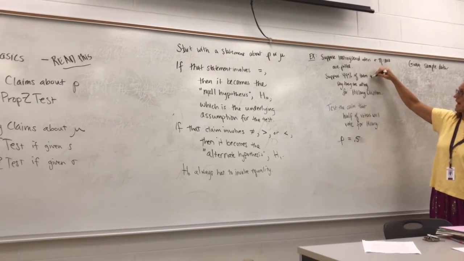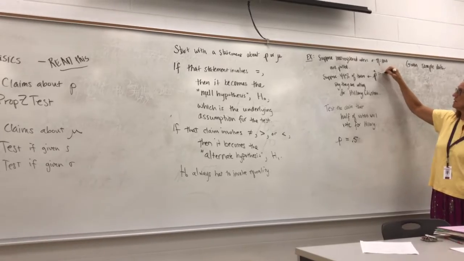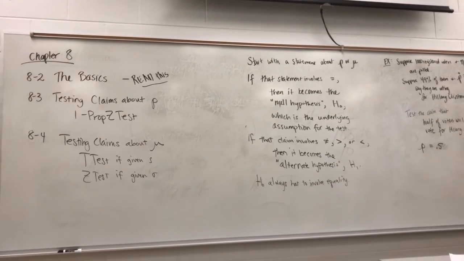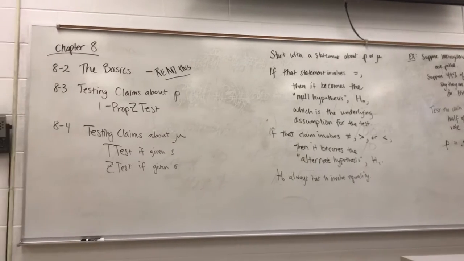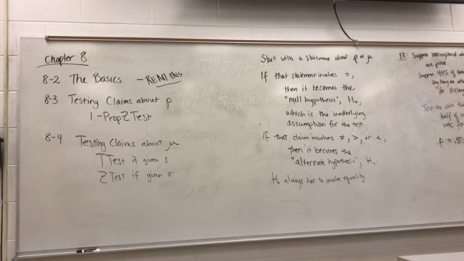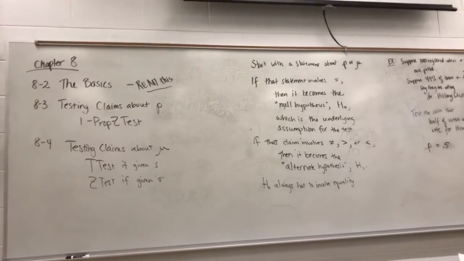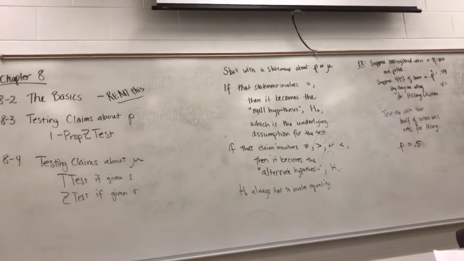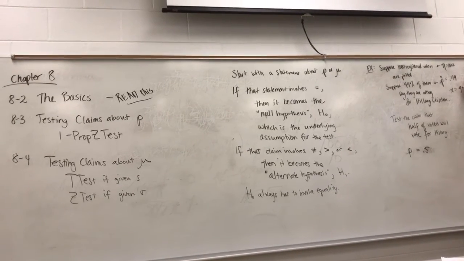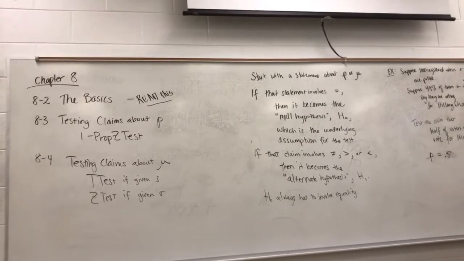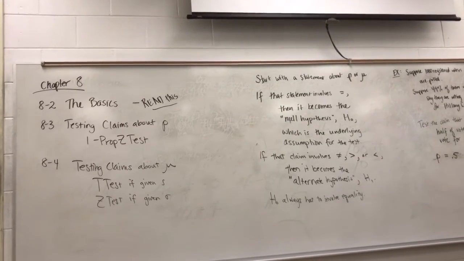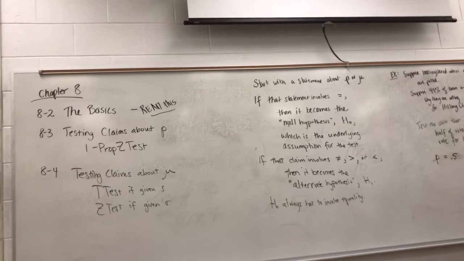We have p hat equal to 0.49. And so what would x be in this case? How many is 49% of 1,000? That's 0.49 times 1,000. It should just be 490. Okay, we're going to need that for one prop z test, just like we needed it for one prop z int.